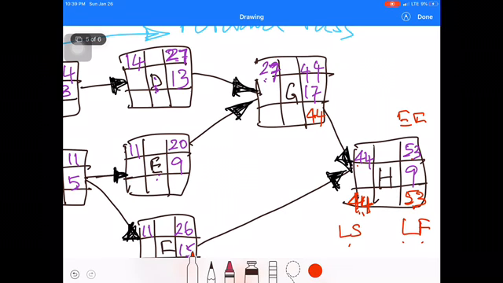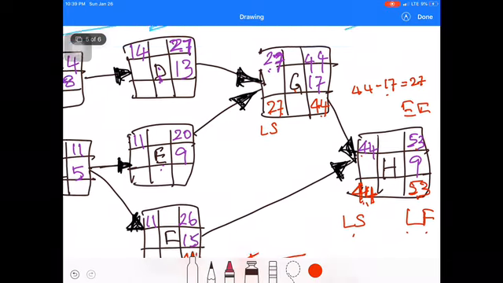Then when we consider activity G, it should start on the 27th in order to complete on the 44th day, because 44 minus the activity duration 17, we get 27. So the late start date of activity G is 27.